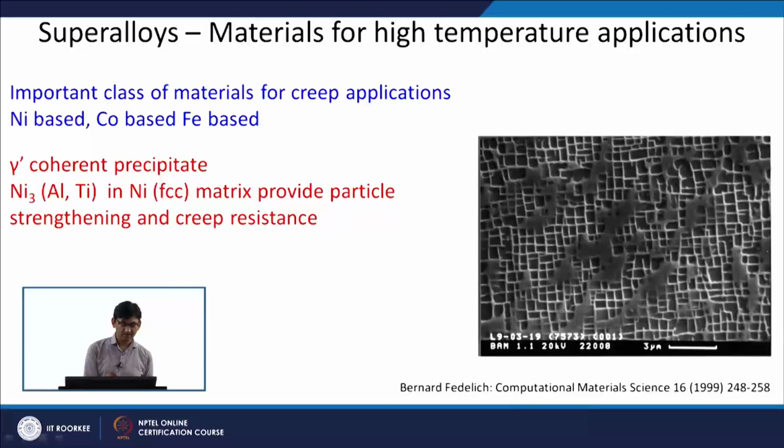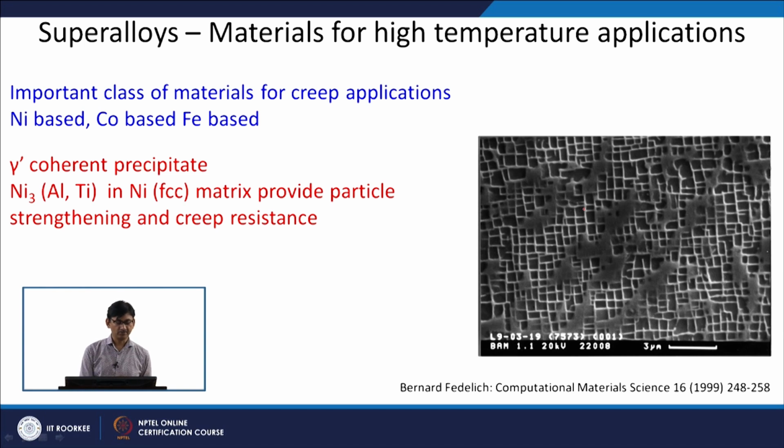Superalloys are one example where the ideas from creep deformation, or the understanding of creep mechanisms, are used. Usually these superalloys are nickel based, cobalt based or iron based. In nickel based superalloys, for example, there is the gamma prime coherent precipitate, shown here by these cuboids, a nice cube-like arrangement of precipitate.